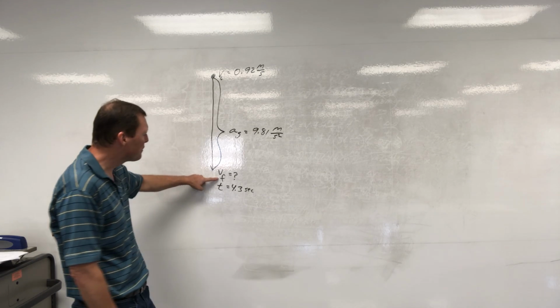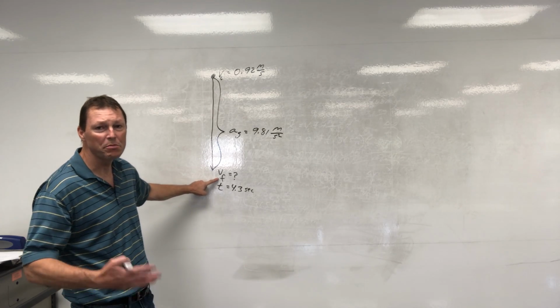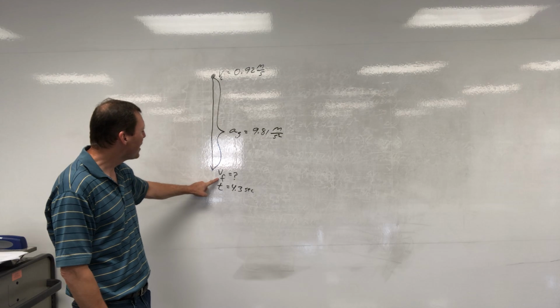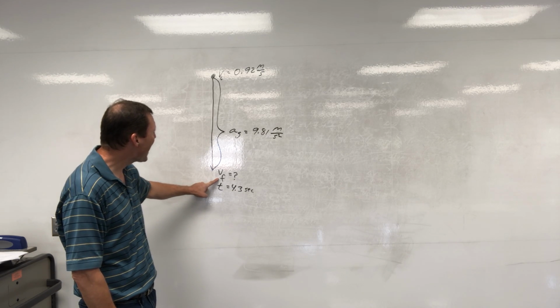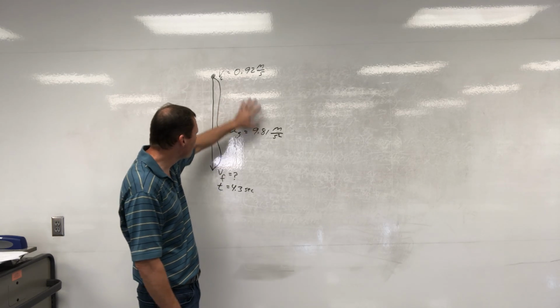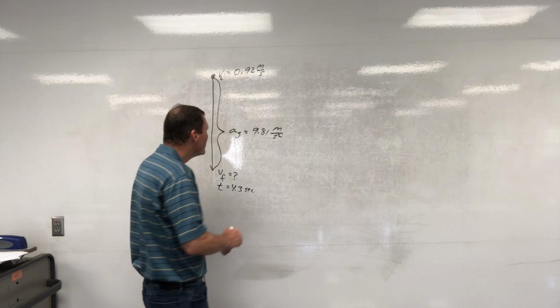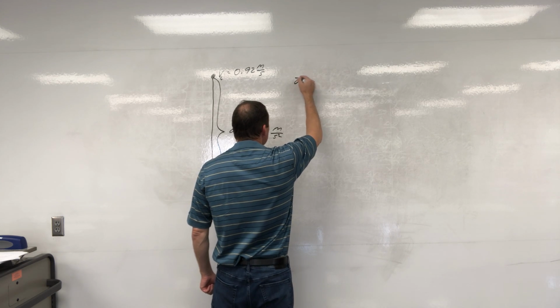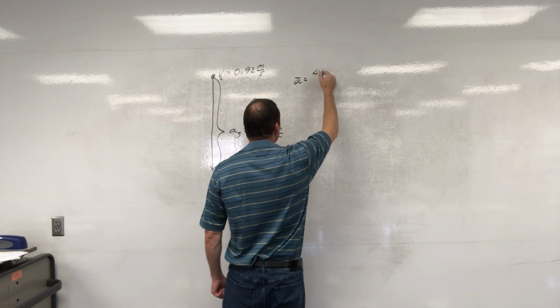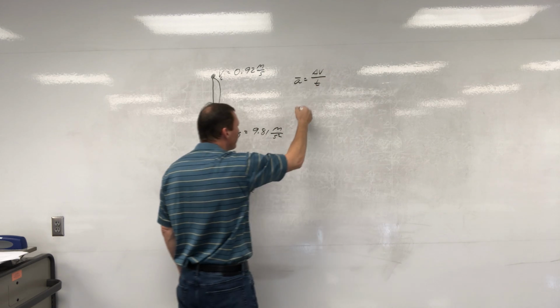All right, so there we go. We're definitely looking for final velocity, so that needs to be in our equation. And our equation also has to have the information we have available. So I'm going to choose this equation. Average acceleration equals change in velocity over time.